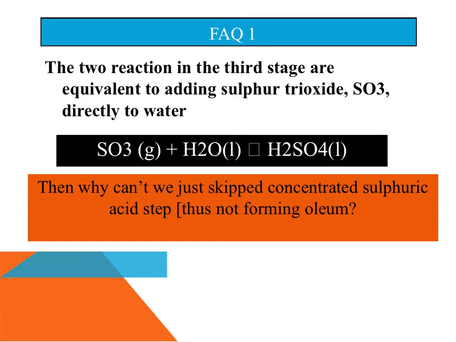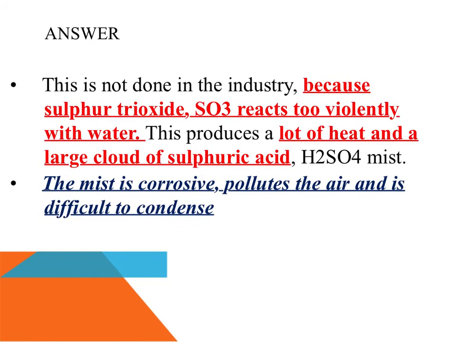Now, you might be thinking, why do you add sulfur trioxide to sulfuric acid? Why don't you just add sulfur trioxide directly to the water to make H2SO4? Okay, the reason we do this is that it would be highly explosive. So we add sulfur trioxide to sulfuric acid, that makes the oleum, and then we add in the water. We couldn't directly add the water to the sulfur trioxide because it reacts too violently with the water, okay?